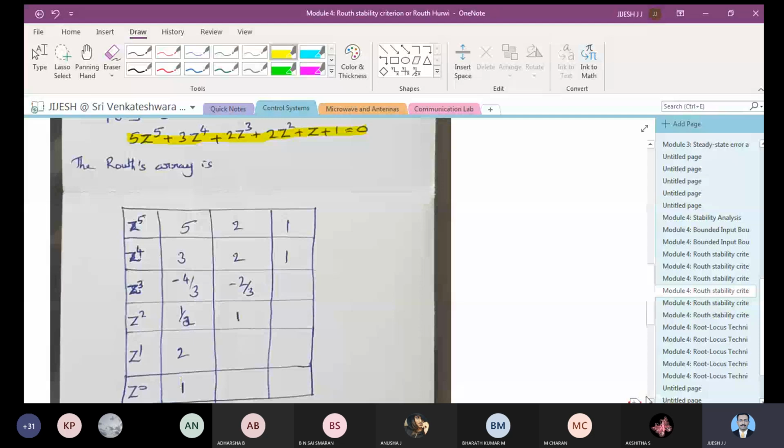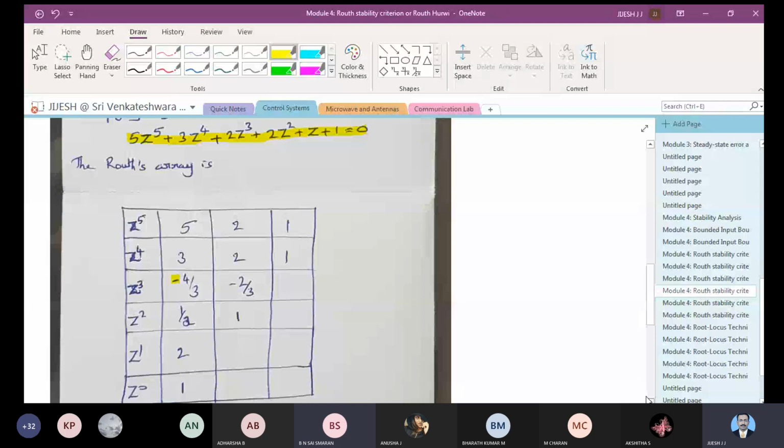So what you can understand here, whether the system is stable or unstable? Here there is minus, so there is a sign change. So whether the system is stable or unstable? Unstable, sir.